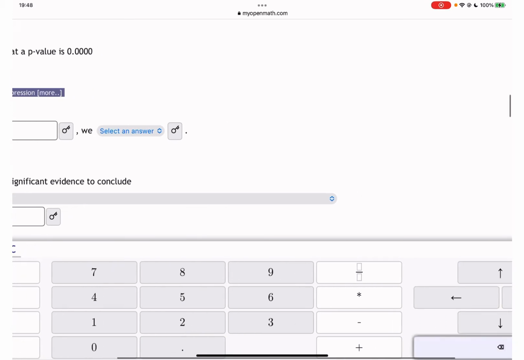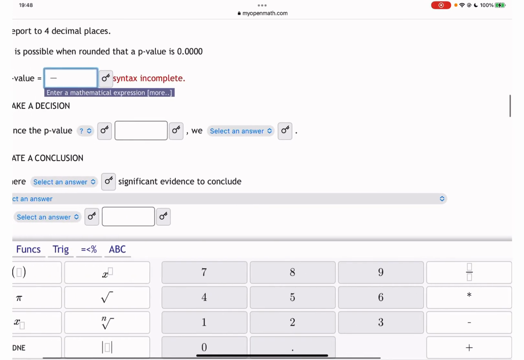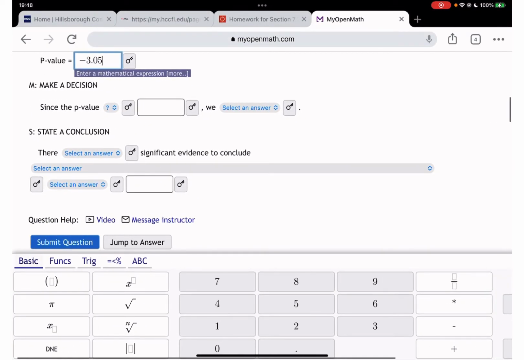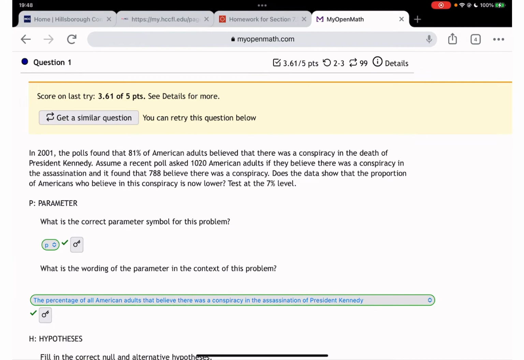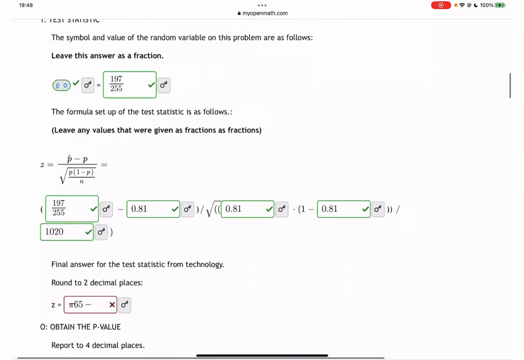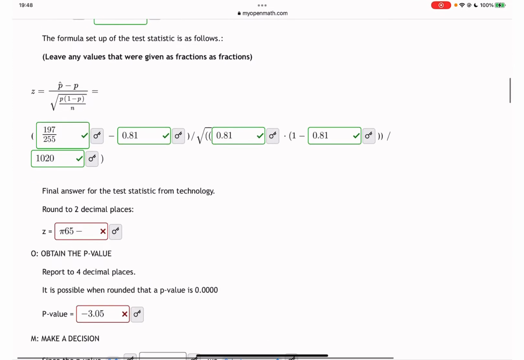Okay. 3.05, we rounded up. Okay. Next, let's check it first before we do further solution. What is this?